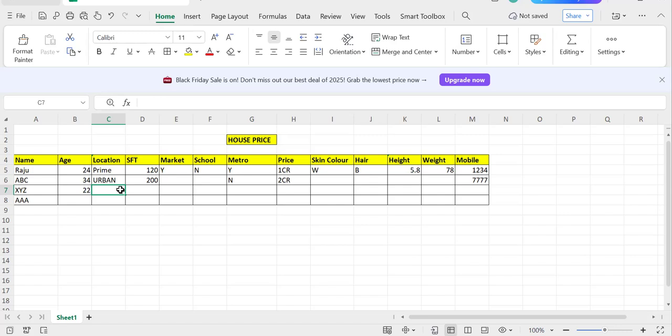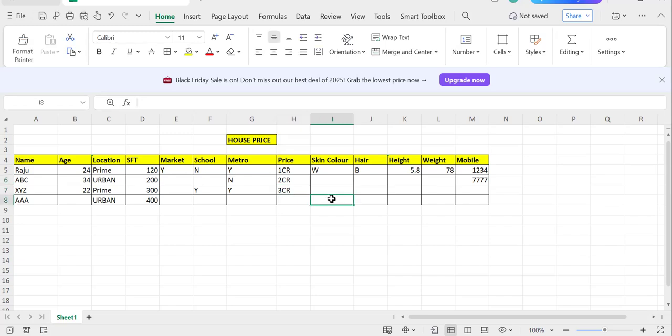Okay, so the location is, let's suppose, a prime location; this is an urban location; this is like 300 square feet; this is 400 square feet, and the information is missing here, and school information is also missing here. But let's suppose here school is yes, and metro is yes, and the house price is like 3 cr.